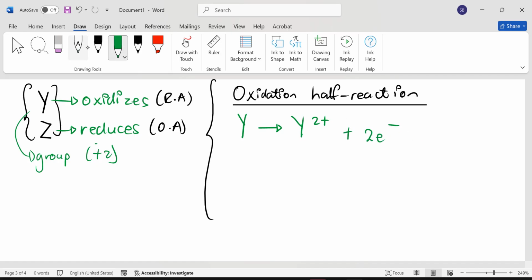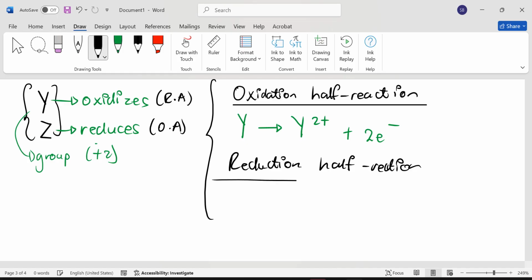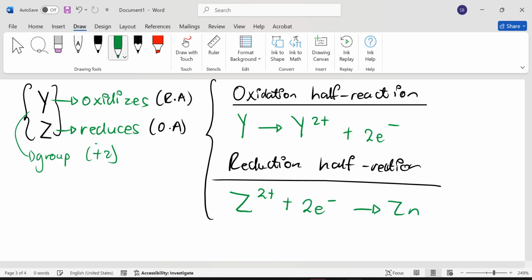And then if they asked you for the reduction half reaction, pardon the spelling there, the reduction half reaction would then be Z2 plus the number of electrons gained gives me a pure element Z.